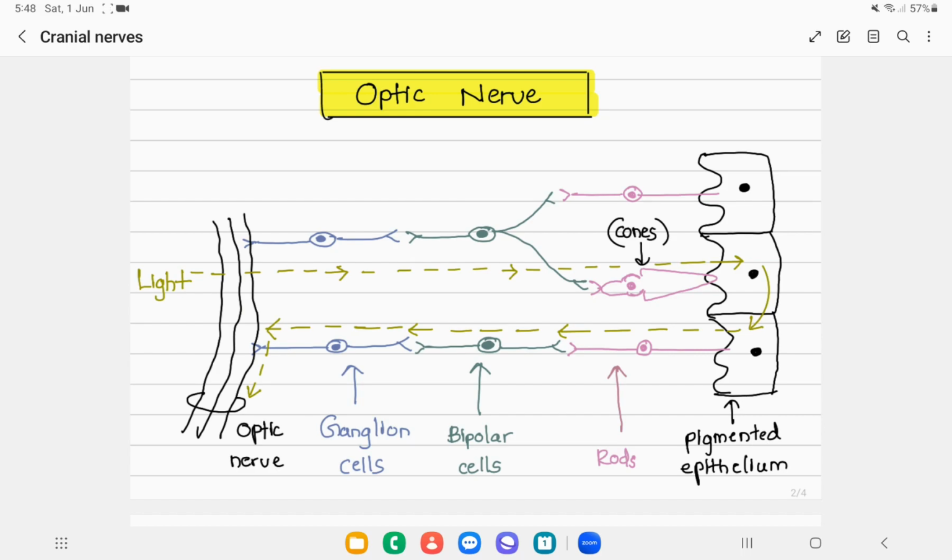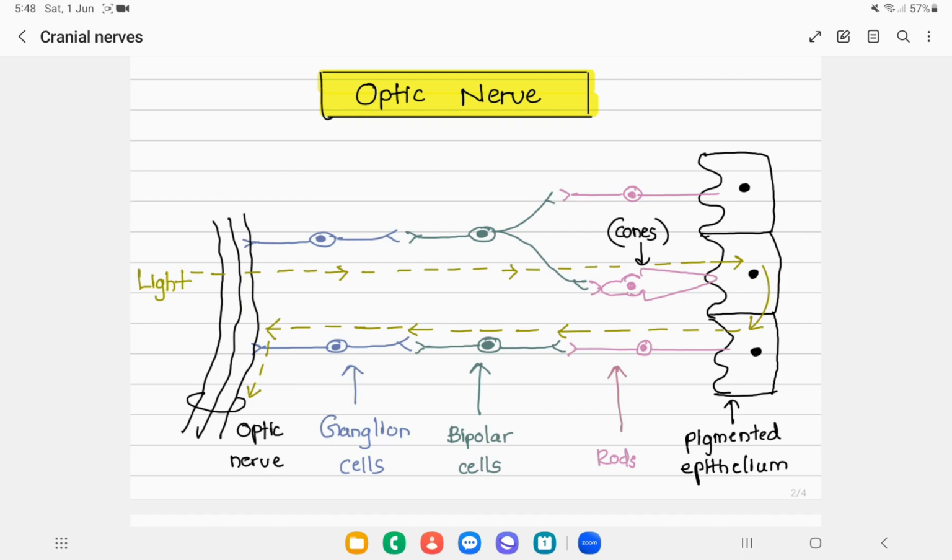These photoreceptor cells act as transducers, converting light signals into electrical signals. These signals are processed in the bipolar cells. Those bipolar cells are the first order neurons, and then in the ganglion cells. The ganglion cells are the second order neurons. Then the axons of the ganglion cells collect to form the optic nerve.